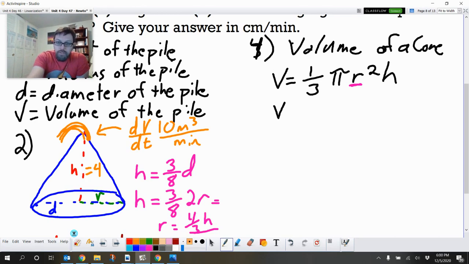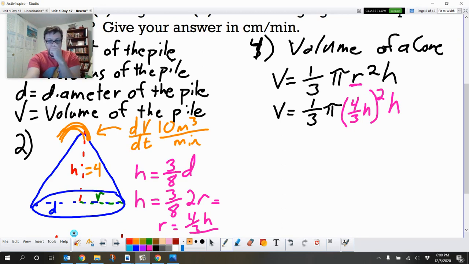So then our equation looks like volume is 1/3 pi times 4/3 our height squared, just to make our lives easier.